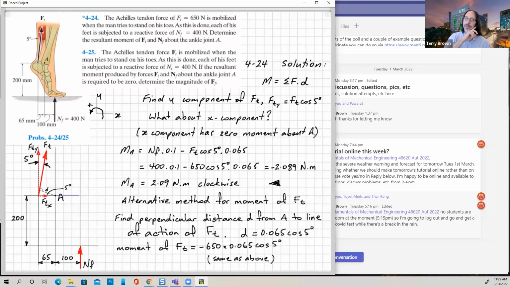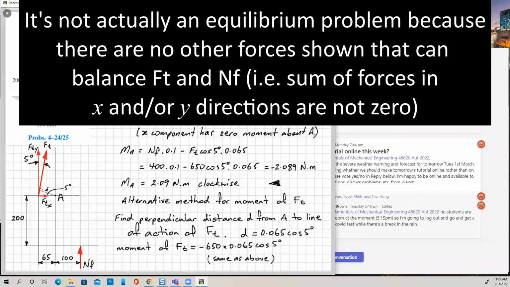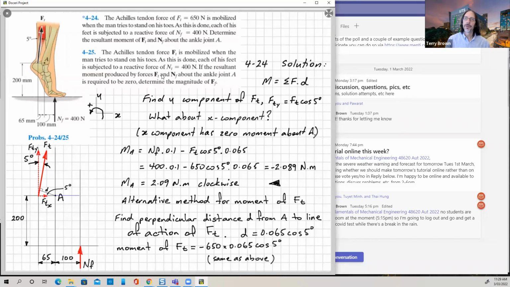Last week we had particle equilibrium problems where we only had sum of the forces in the x, sum of the forces in the y direction, or sum of the vector forces equals 0. Now we're saying, okay, if this is in equilibrium in terms of moments, how do we work out the force that keeps it in equilibrium?